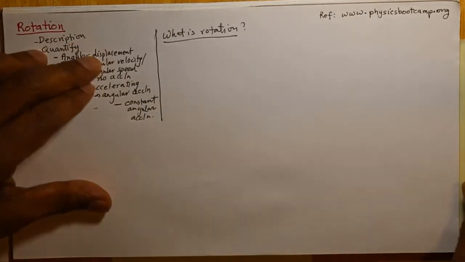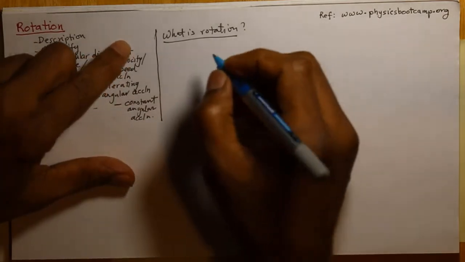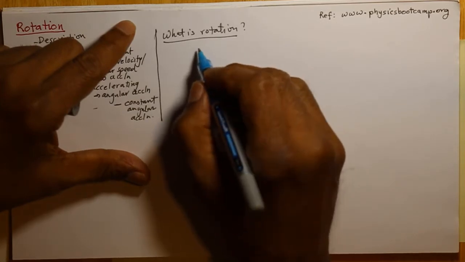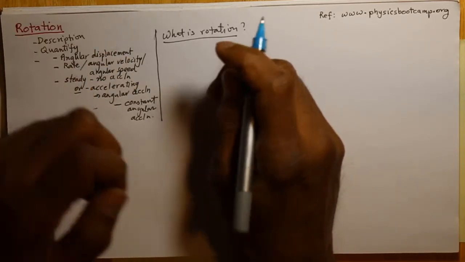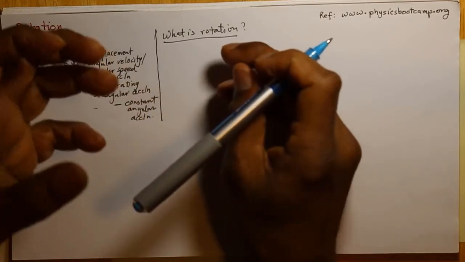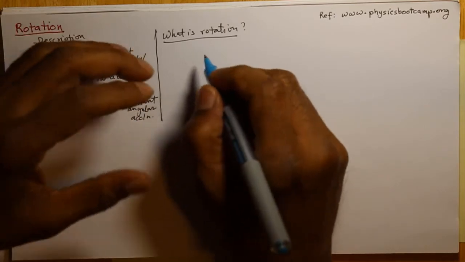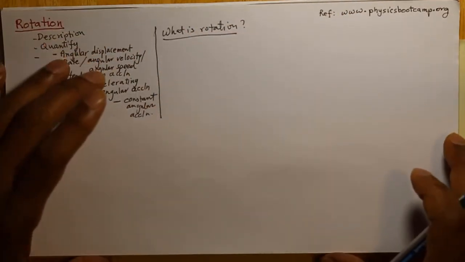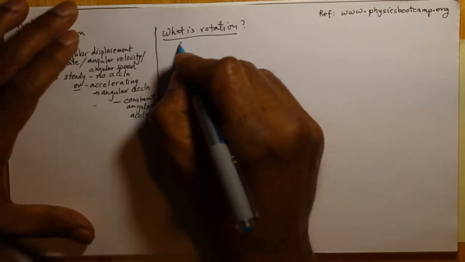Well, rotation, you can say that we have a finite body which has some shape and so some orientation in space, and that orientation in space is changing.